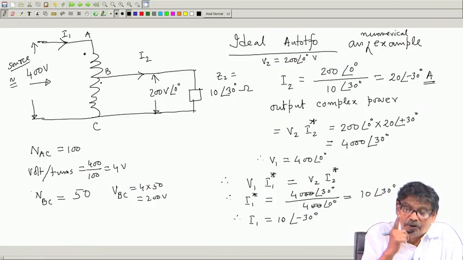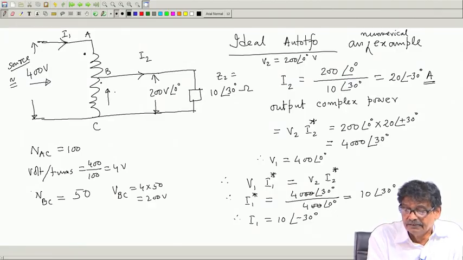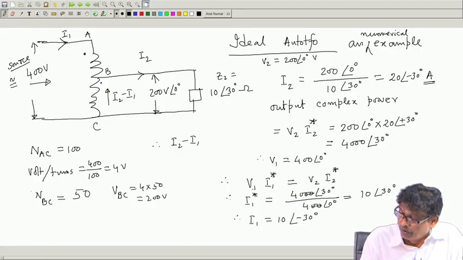The moment I know I 1, then I can calculate this current. This current, better show in this way, will then be I 2 minus I 1. That is how we are specifying. I 2 is known, I 1 is known. Therefore, current in this portion, in this direction, can be calculated. So, I 2 was here, there is no star.